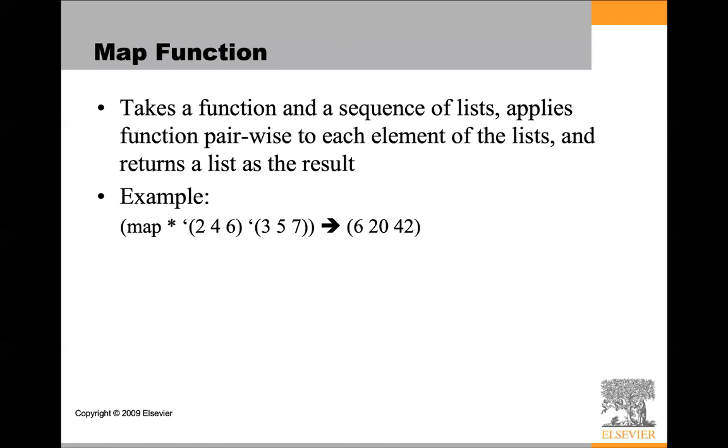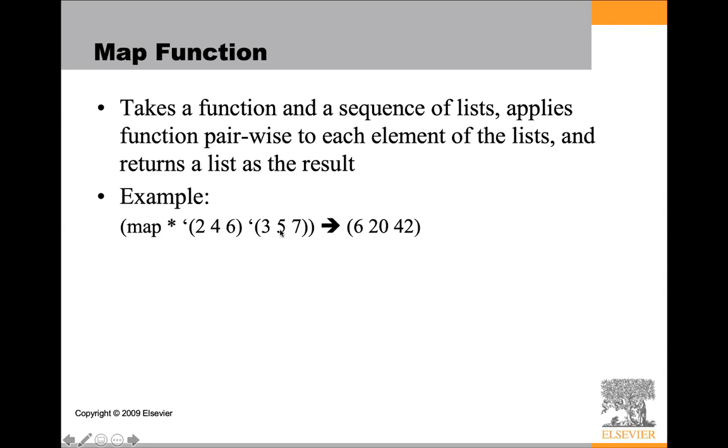Okay, but what we really care about is two big functions, map and reduce, which are used extensively in the data science world these days. So a map function takes a function and applies that function pairwise to each element in the remaining list. So here we have map. It takes the multiplication operator.